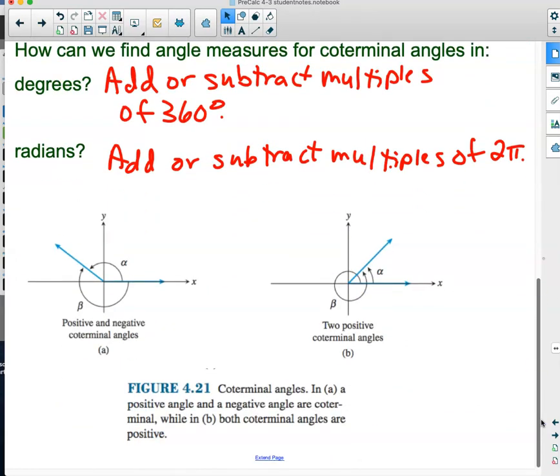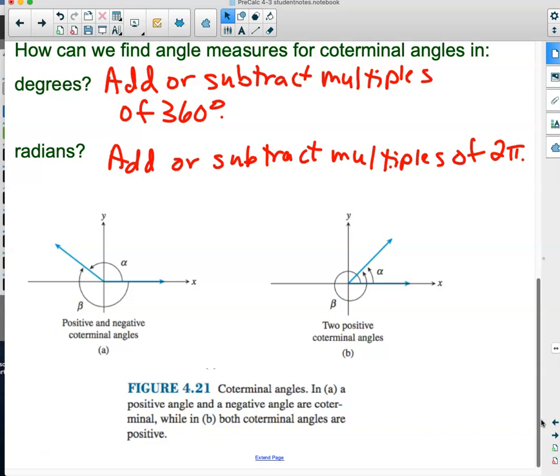And as this one is showing, you can have alpha, which is going to be a positive angle because it's counterclockwise, but beta, even though it would be a negative angle because it's going clockwise, that could have the same terminal side, so they are coterminal. And over here, we see two positives, which again, we're just using that add or subtract multiples of 360, add or subtract multiples of 2 pi to land in the same place.